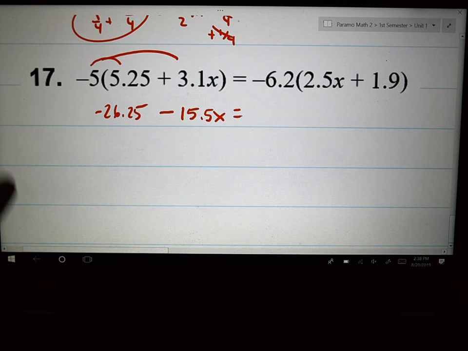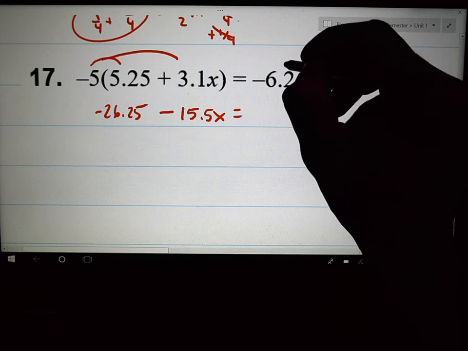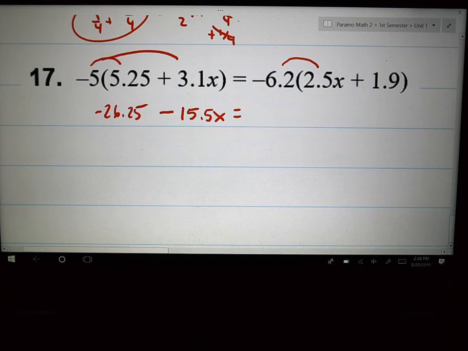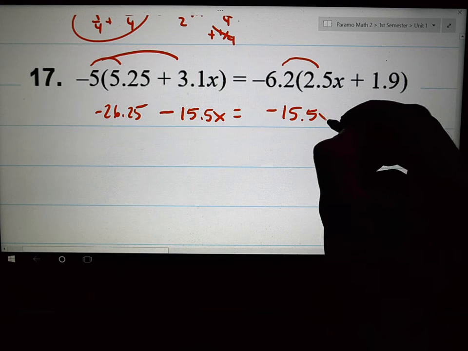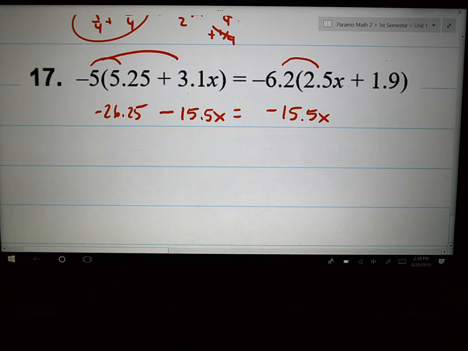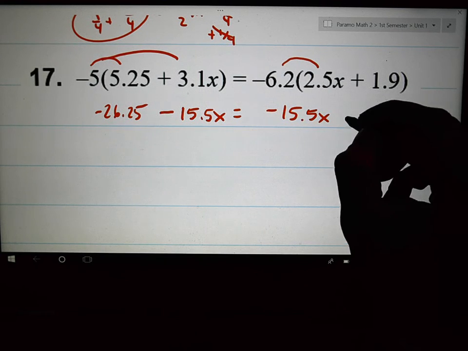So I'm just distributing that and I'm making sure it stays a decimal. -6.2 times 2.5. Switch that to a decimal. Multiplying this out on my calculator.